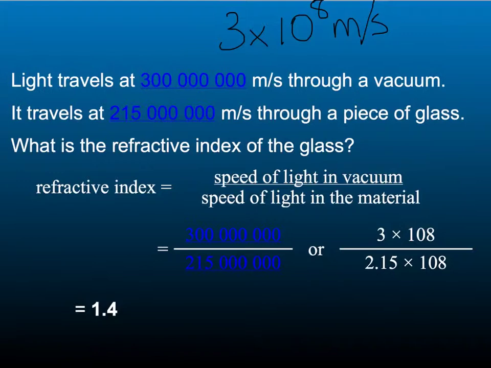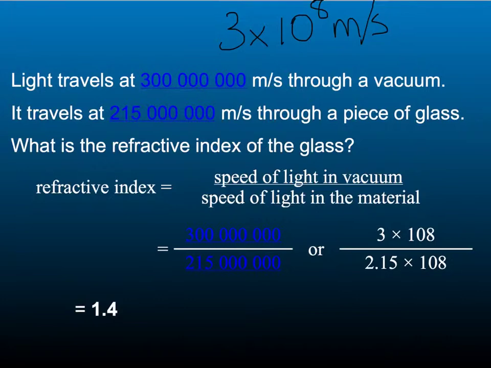In this example, the light travels through a piece of glass at 250 million metres per second. If we want to work out the refractive index of the glass, then we can use our equation, with the speed of light in the vacuum divided by speed of light in the material. If you do that calculation, it gives us a refractive index of 1.4 for the glass.